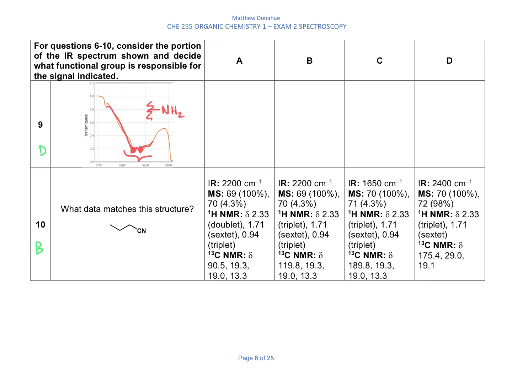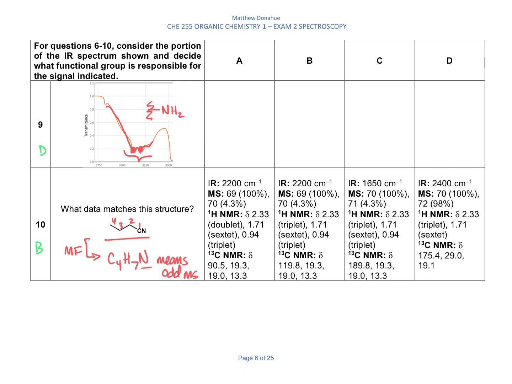Moving on to 10, what data matches this structure? So let's just go ahead and convert that to the MF. And we see that we have 1, 2, 3, 4 carbons. We count the hydrogens: 2, 4, 5, 6, 7. We have a nitrogen. So the nitrogen means odd parent in the mass.